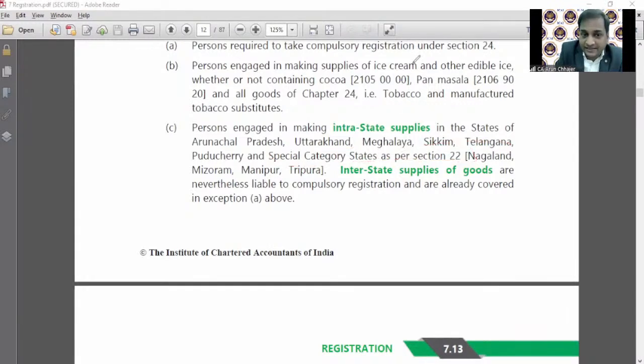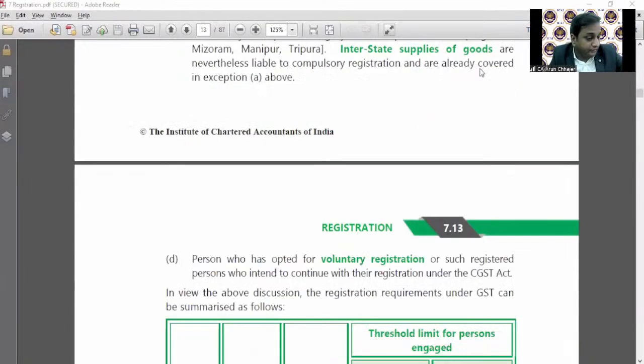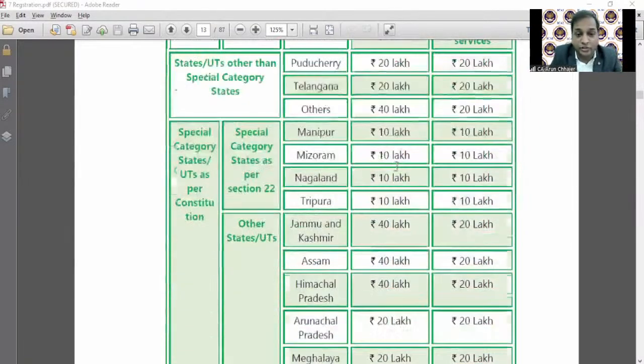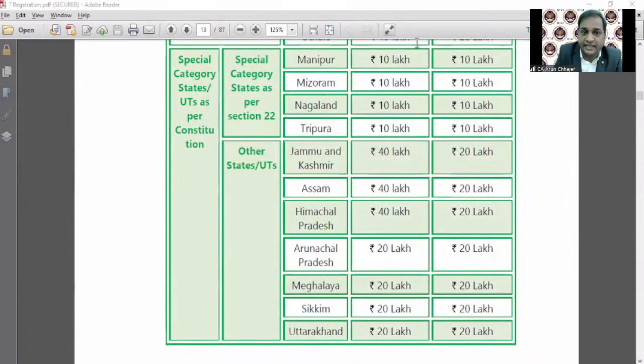For the balance: Arunachal Pradesh, Uttarakhand, Meghalaya, Sikkim, Telangana, Puducherry. I am talking about first these: Arunachal Pradesh, Uttarakhand, Meghalaya, Sikkim. Why am I taking only these 4? See, as per the Indian Constitution, how many states are special category? Sir, total 11.